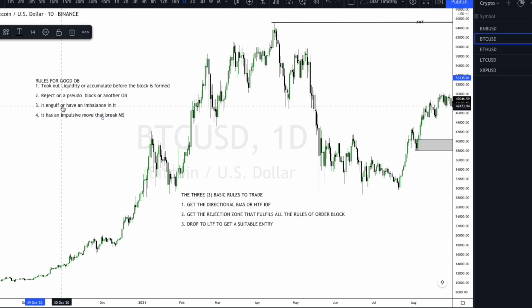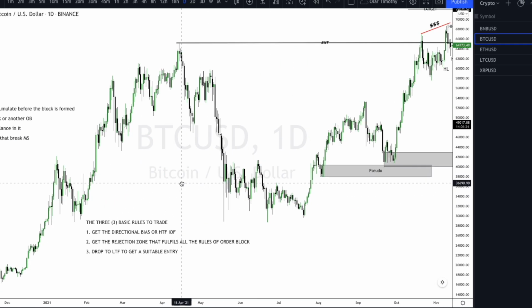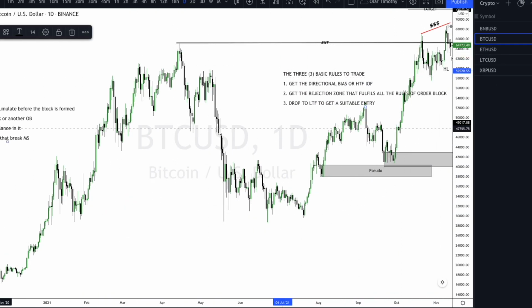And number 4, it must have an impulsive move that breaks market structure. These are the rules I follow when I want to spot a very good OB to trade from. The last rule, based on the 3 basic rules to trade, states that you should drop to a lower time frame to get a suitable entry. So these are the rules that we're going to apply to this particular trading style here.